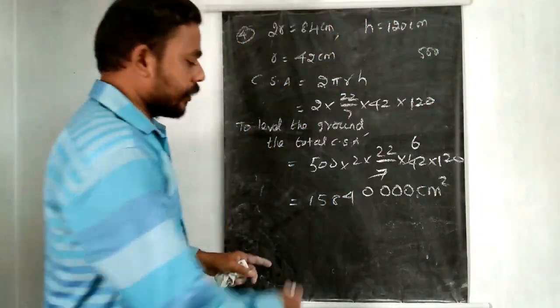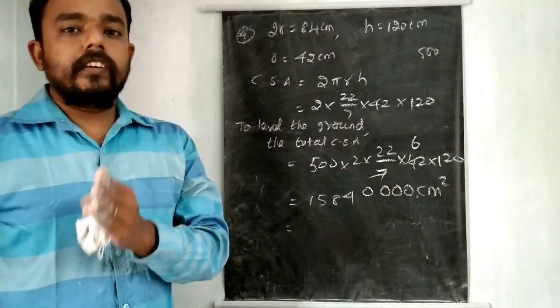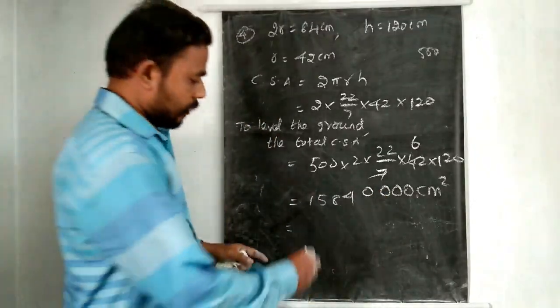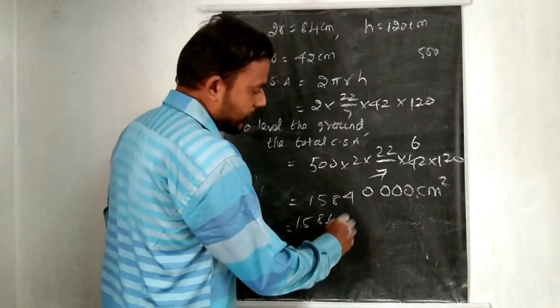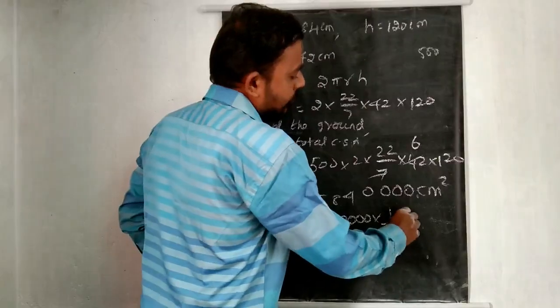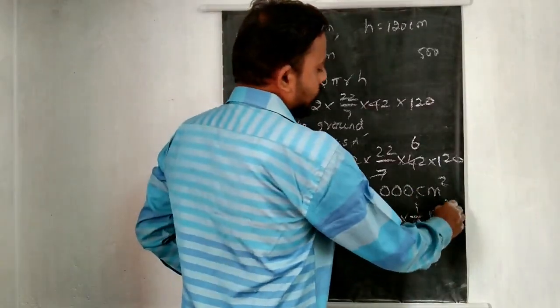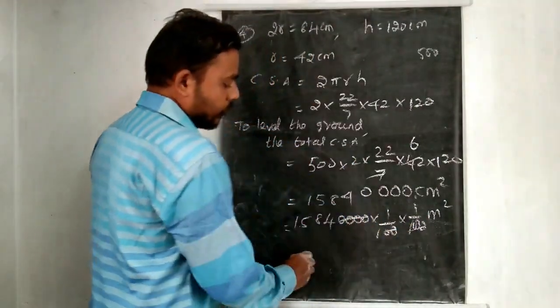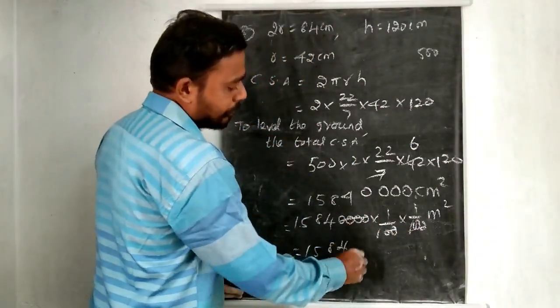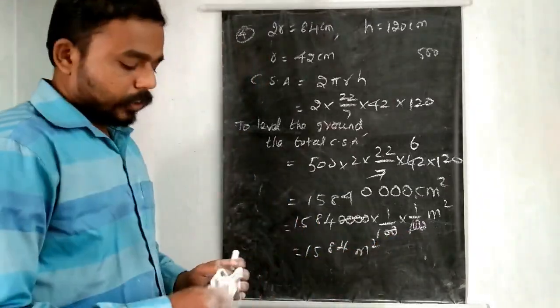For that, for per centimeter, we need to convert that to 1 by 100 meter. So 1584000 into 1 by 100 into 1 by 100 for each centimeter. It's meter square. Cancel all zeros. So 1584 meter square. So this is the actual answer.